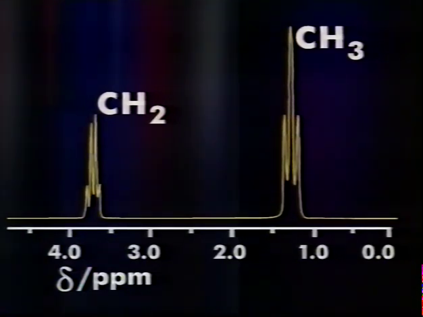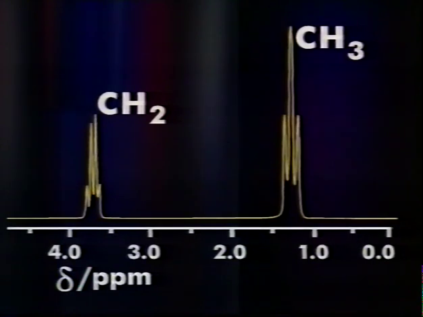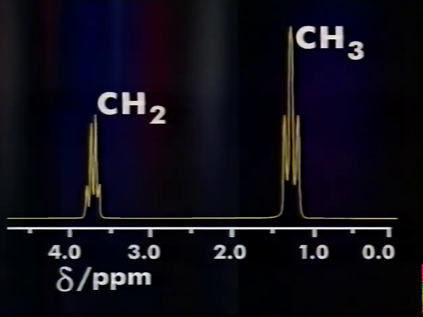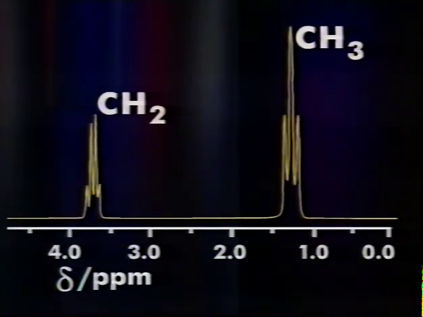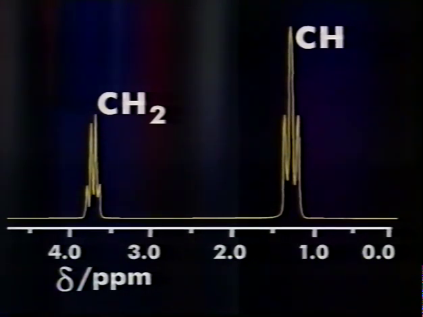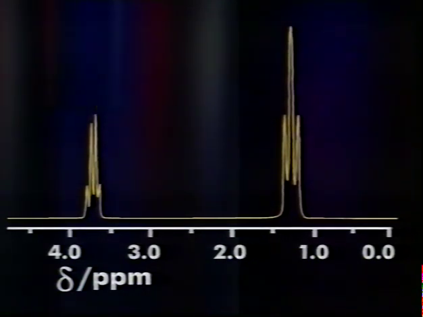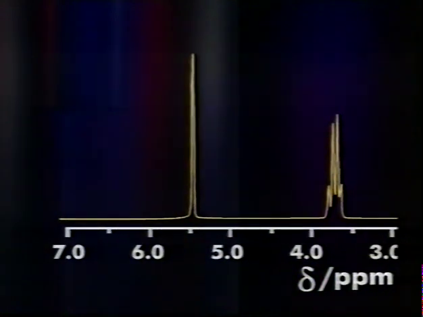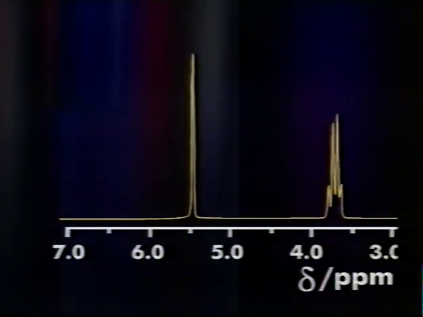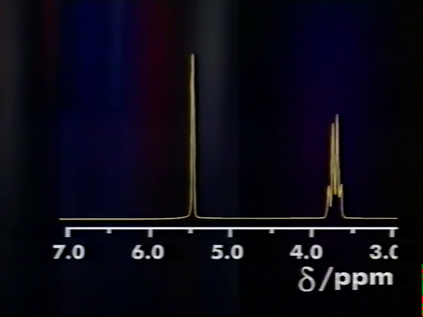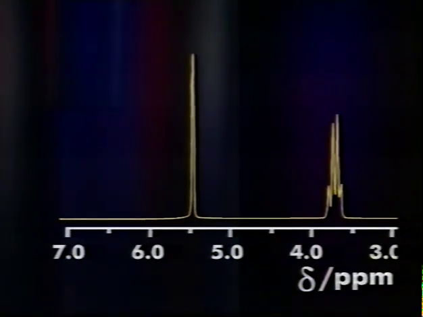Whilst the CH2 group shows as a 1-3-3-1 quartet, being adjacent to the three protons in the CH3 group. The hydroxyl proton is a special case and doesn't undergo spin-spin coupling, so remains as a single peak.